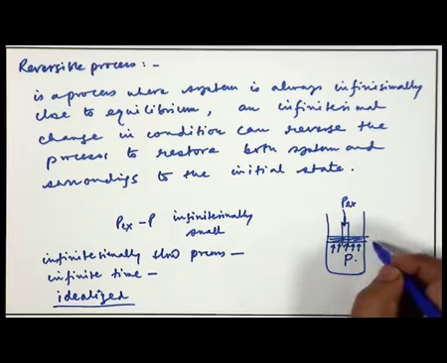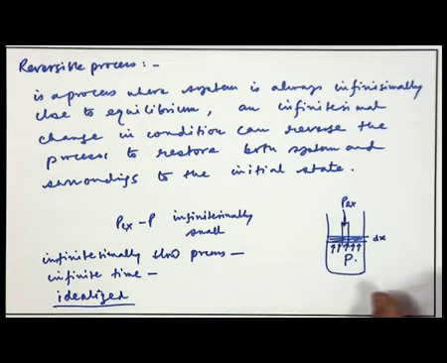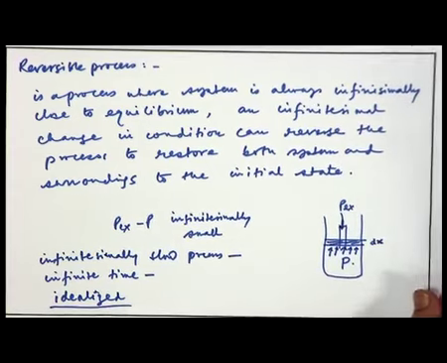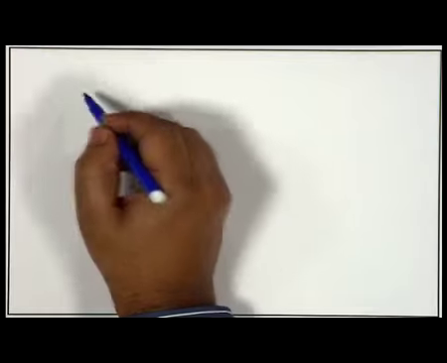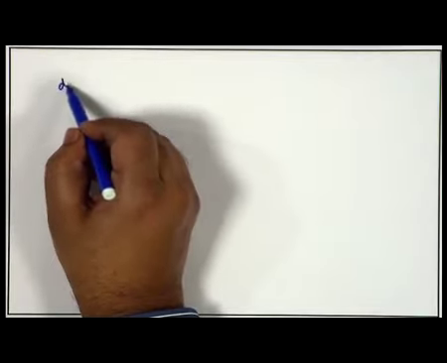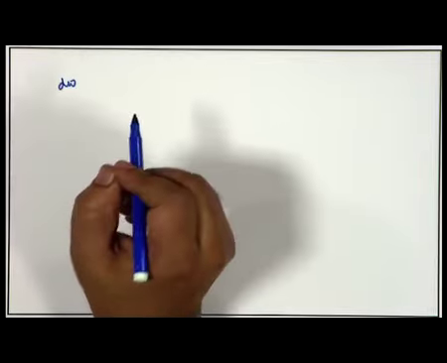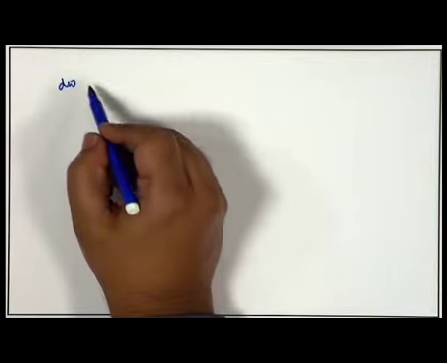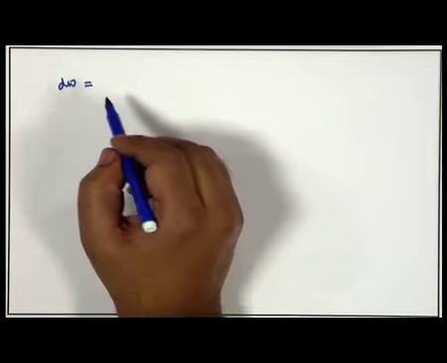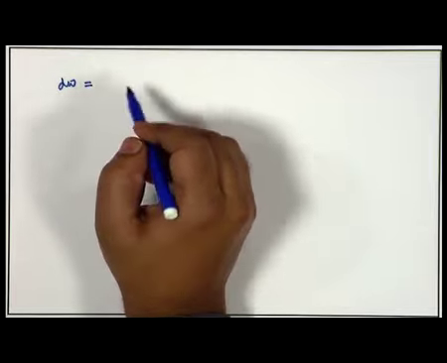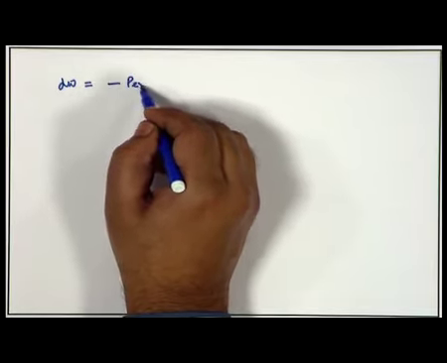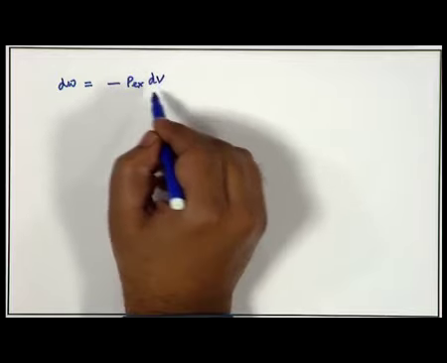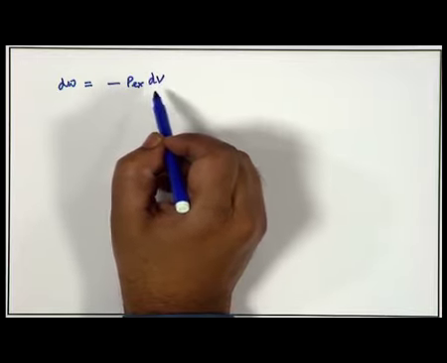And in this case, if the change is infinitesimally small, then we can go back and write the expression for work done. If I write dW, which is talking about a very infinitesimally small change in work, then I can write minus Pex dV, where the change in volume is infinitesimally small.